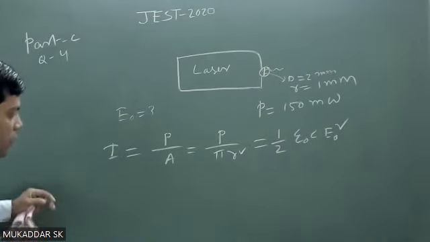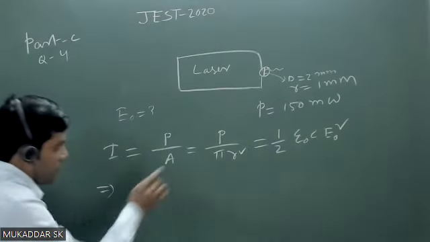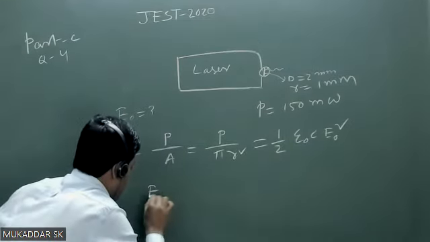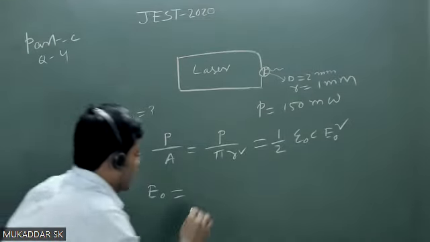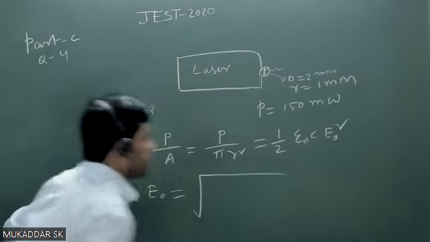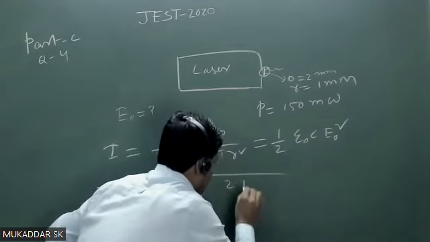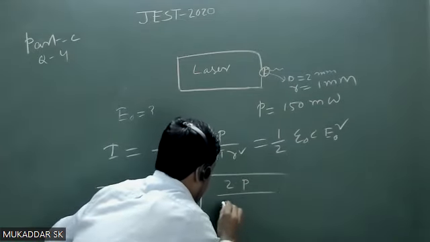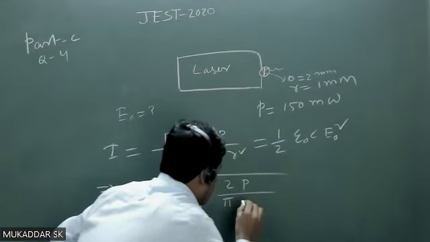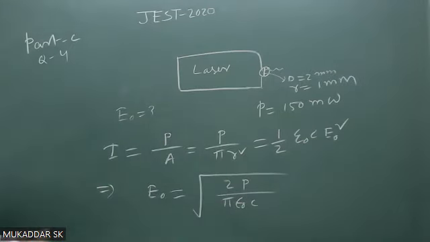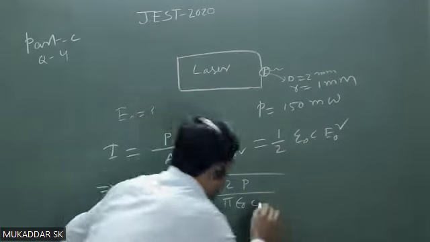Okay, so now if you rearrange, from this equation you will get that the amplitude of electric field E naught will be the square root of twice P divided by pi, epsilon naught, C, and R naught square.